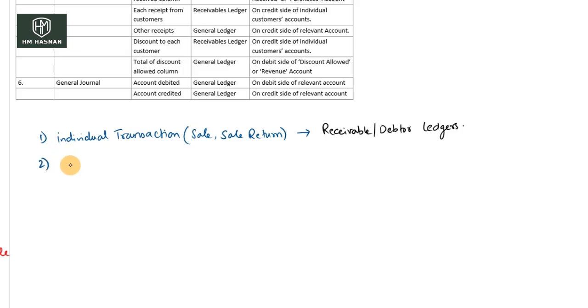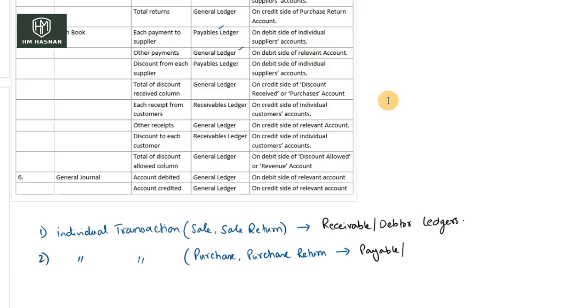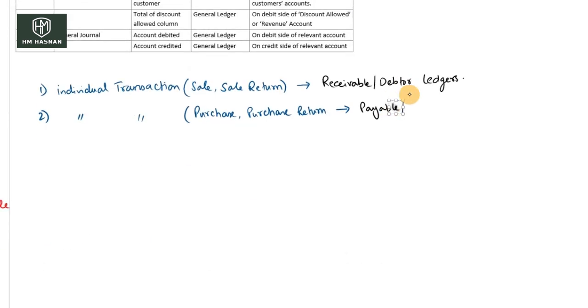Each individual transaction related to purchase and purchase return will be recorded in payable or creditor ledgers. Payable or creditor ledgers.